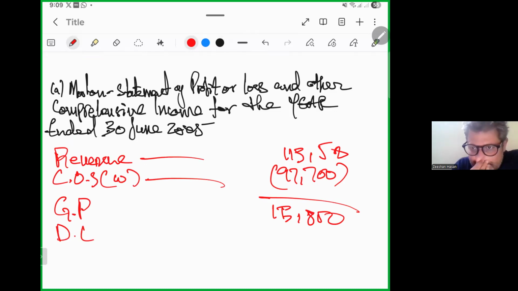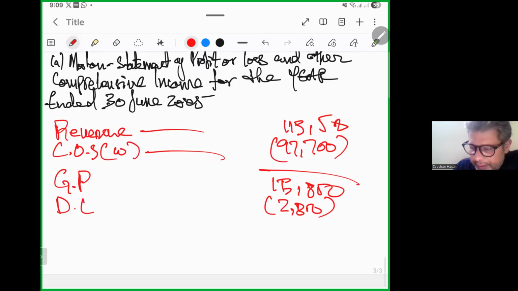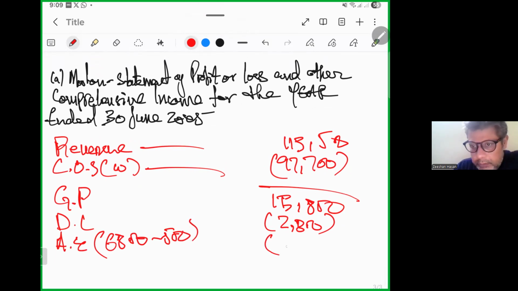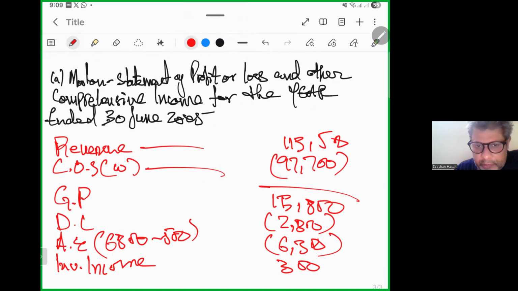Distribution cost 2,800. Admin expenses 6,800 minus 500 loan note issue cost, 6,300. Investment income 300.